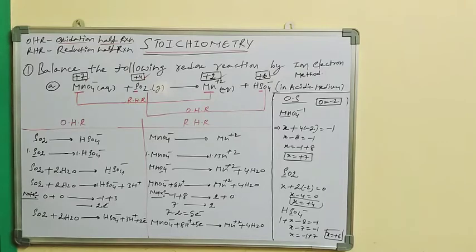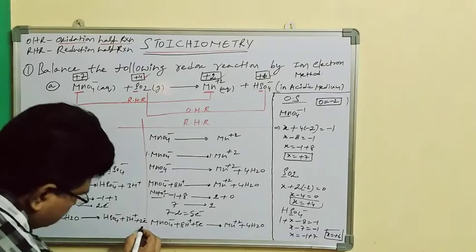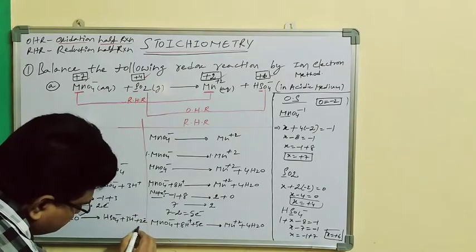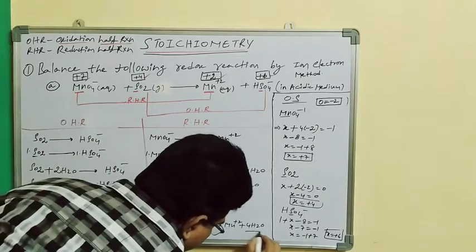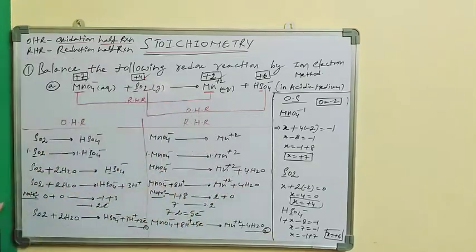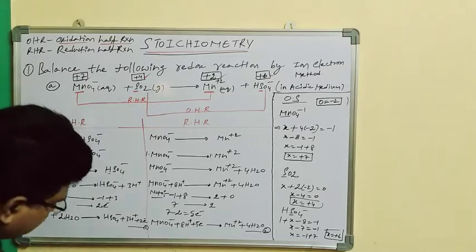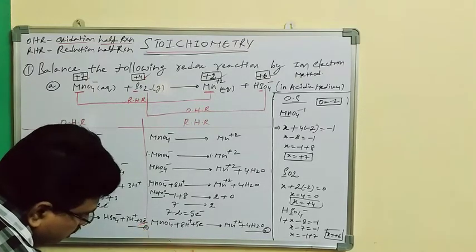Now equalize the electrons. Next step, equalize the electrons. Take this one as the first equation, this one as the second equation. Here we got 2 electrons, and here 5 electrons.